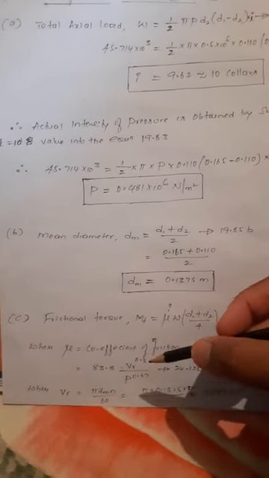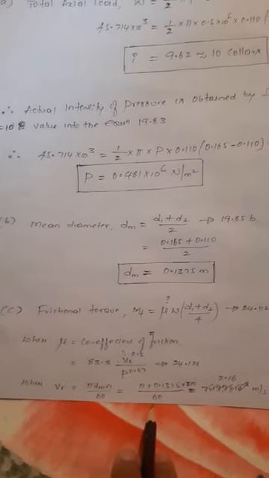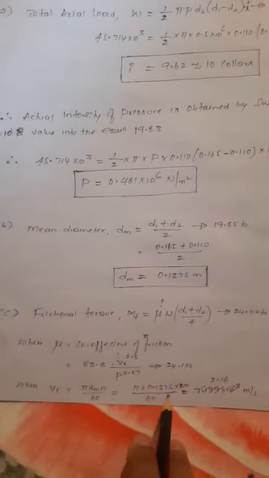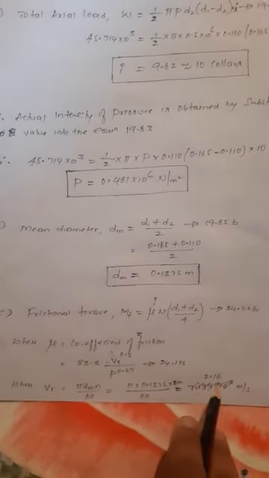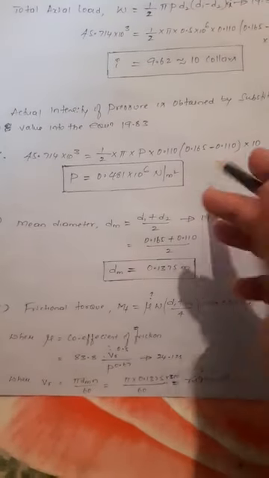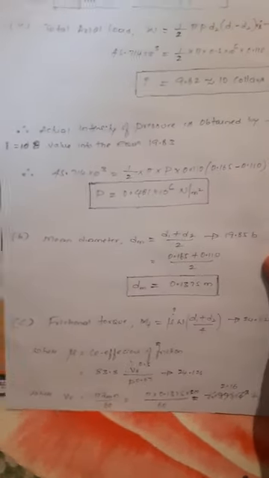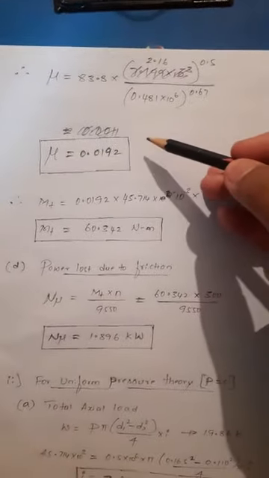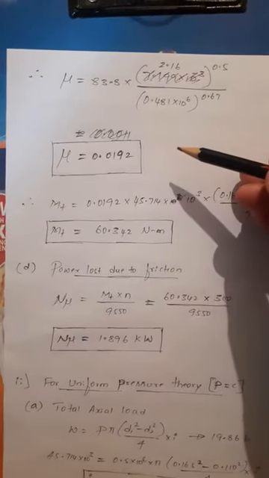Again, in that, Vr is unknown. Vr is equal to pi d N by 60. Then substitute that dm value, the mean diameter, and you'll get 2.16 meter per second. And what is P? P is nothing but the actual intensity of pressure we calculated earlier. Then substitute those values. Now we'll get mu as 0.0192.